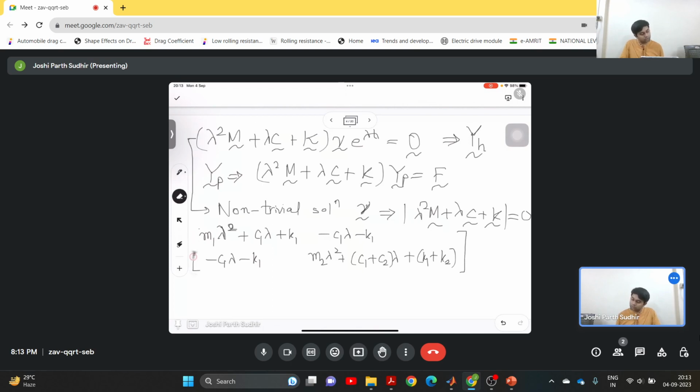So basically the determinant of this matrix is 0.